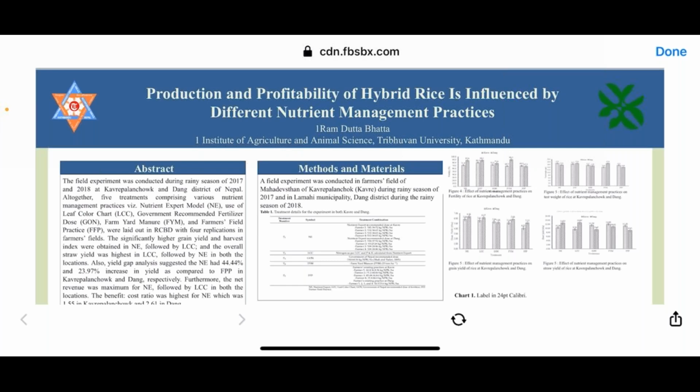Measurements of the agromorphological traits such as plant height, number of effective tillers per meter square, length of panicle, test weight, straw and grain yield were recorded. The total cost and gross revenue of the rice production was calculated. The harvest index and fertility were taken, and economic parameters such as BC ratio were evaluated by using formula.